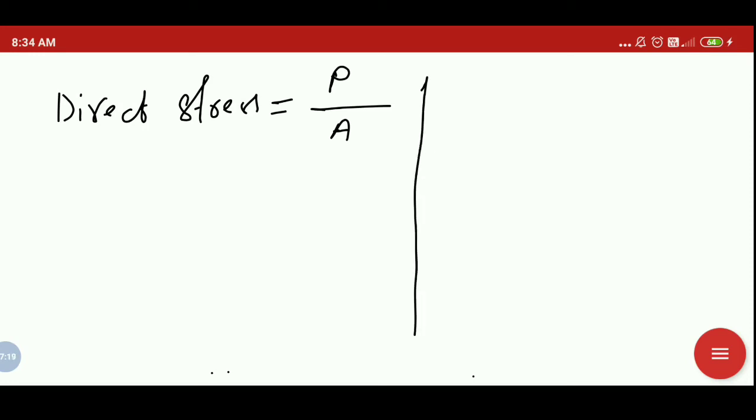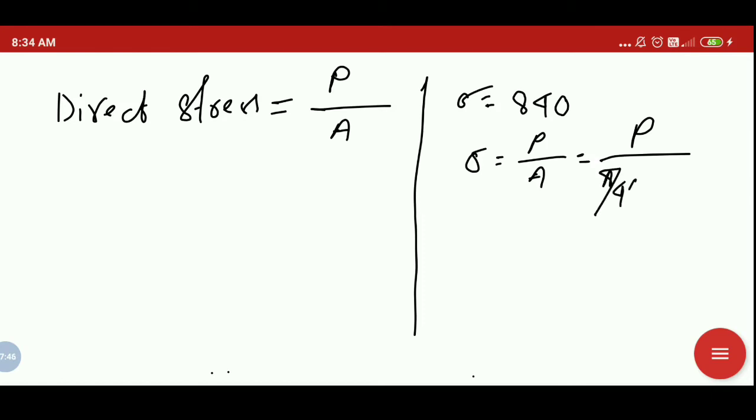We don't know the value of P, but in the question stress is given 840. We know the stress is equal to force by area, so force we have to calculate, and the area of the wires. So pi by 4 into 5 square into total number of wires 18.